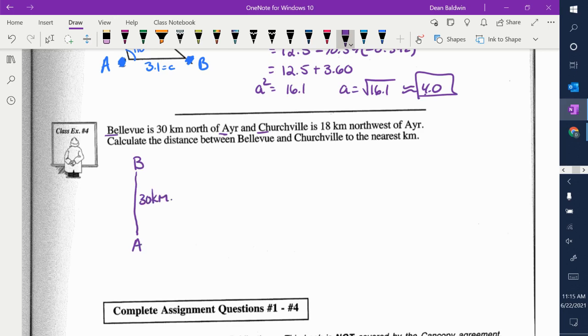And C is 18 kilometers northwest. Boom. So this is C. We're northwest, so it's that way of Ayer. That's 18. We're making a triangle because this is trig. Calculate the distance between B and C. All right, that makes sense.